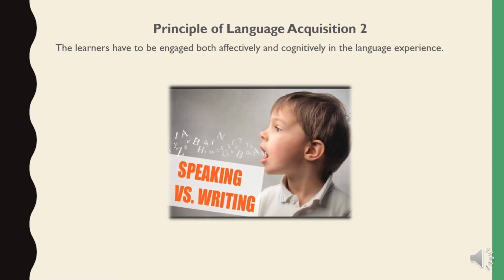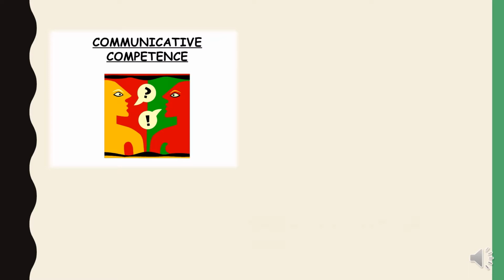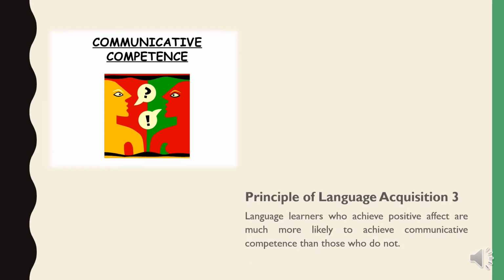And the third one is communicative competence. This is the third principle, and in this principle, language learners who achieve positive effects are much more likely to achieve communicative competence than those who do not.